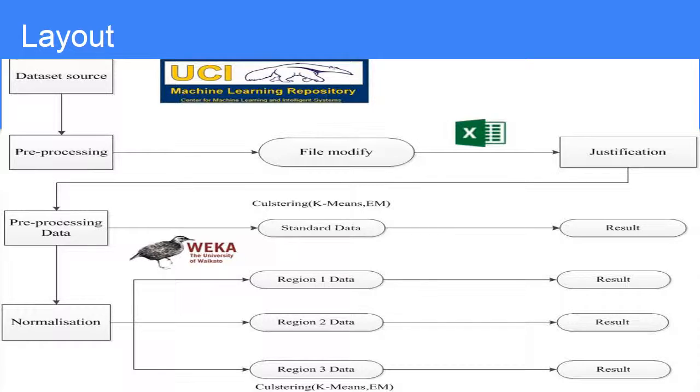Before that, we will pre-process the data. We will remove the channel and region attributes in this dataset, and we will do clustering, using K-means and EM to get results.